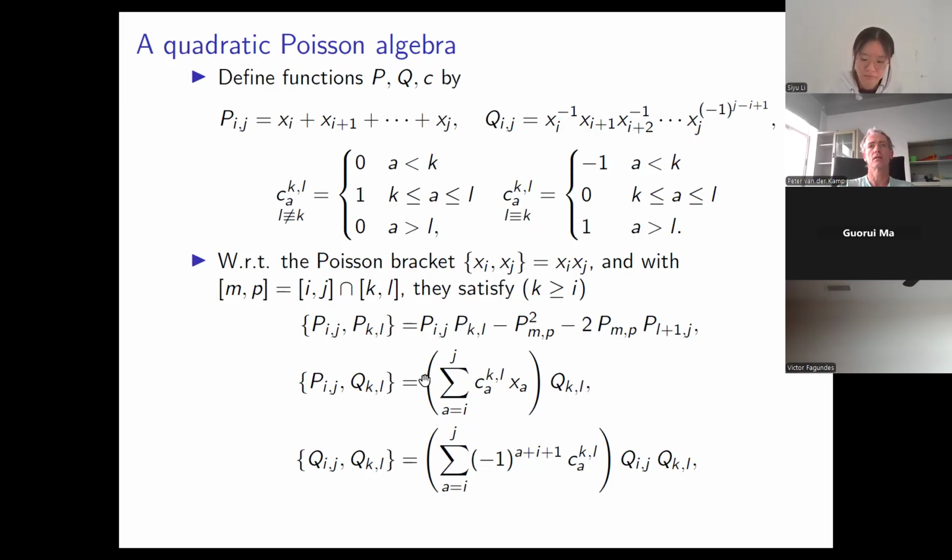If it's not equivalent, then we just get a single PKL here. If K is equivalent to L, then we get the difference of two P functions here. So this is a quadratic function. This is a P and that is a Q, or a difference of P's and a Q. And here we have two Q's. You can actually show that this whole sum is either 1, 0, or -1. So that's a nice Poisson algebra on these functions.